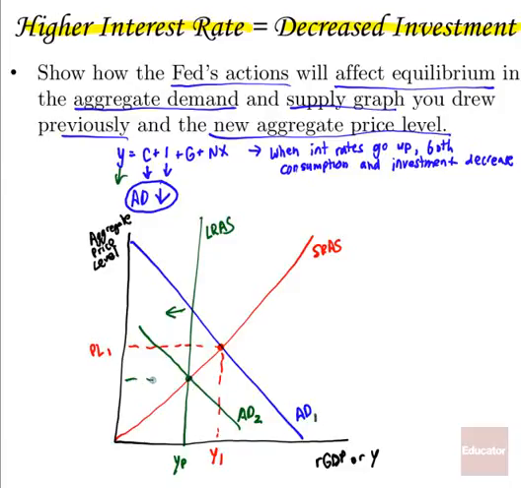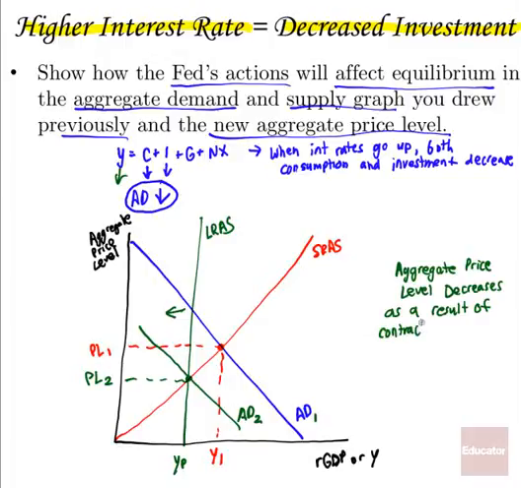Okay. So what happens to the price level? The aggregate price level goes down. So aggregate price level decreases as a result of contractionary fiscal policy.